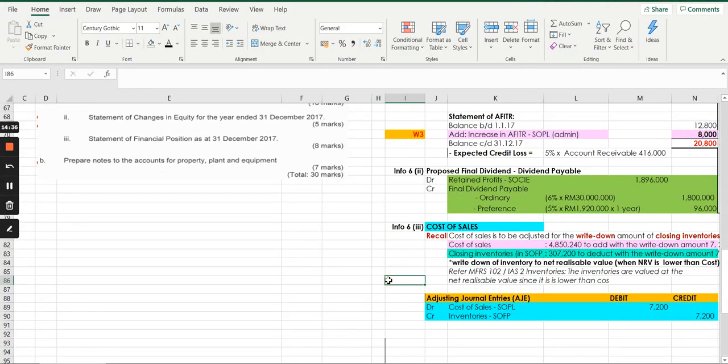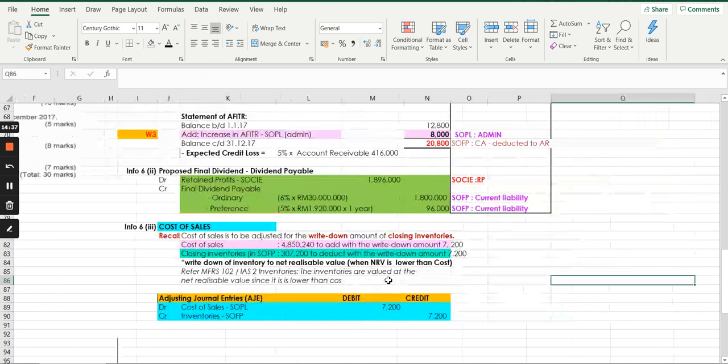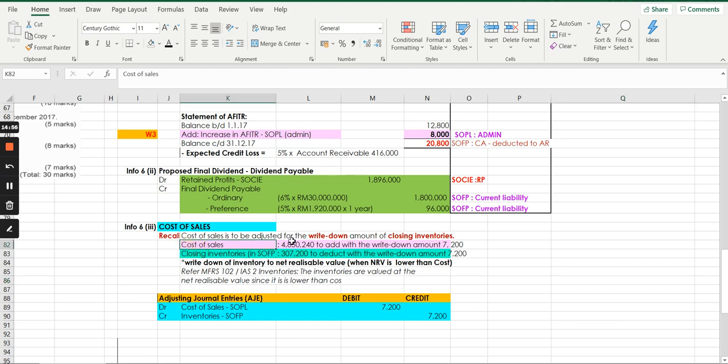So if you have this little note here, you can check and read that. The adjusting journal entry would be for the difference between the inventory at cost and the inventory at the net realizable value, which will be 7,200. So the cost of sale has to be adjusted with the write-down amount of the closing inventory. The cost of sale has to be added with 7,200. The closing inventories will have to be deducted with the write-down amount 7,200.